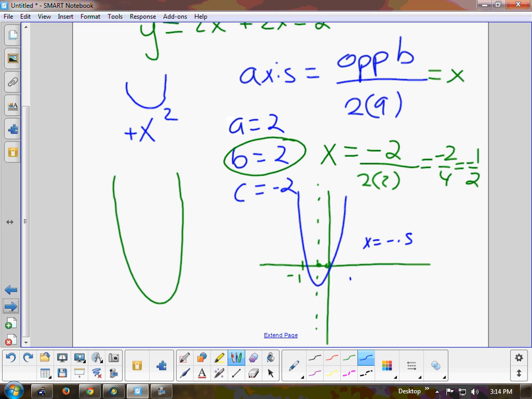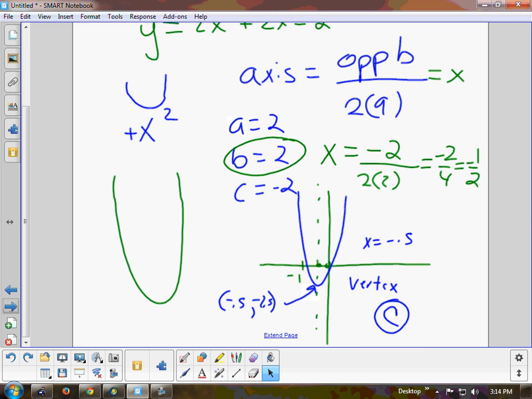However, the vertex, which is this point right here, what's the ordered pair on that? Well, it's negative 0.5 comma negative something. Okay, and it's 2.5. So you see how that eliminates B, so the answer choice is C for that one. Okay, so then you didn't have to graph the whole thing.